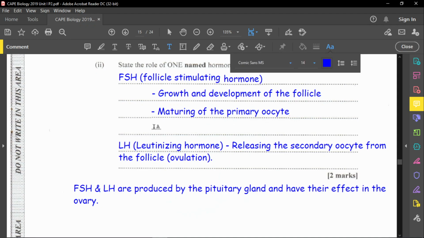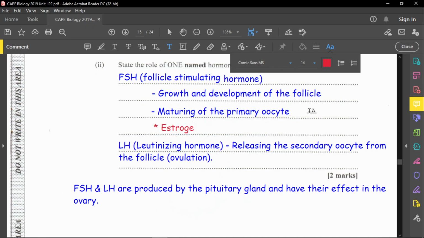It will be responsible to produce estrogen. I'm going to make a note here that estrogen will be produced. So with FSH, once the follicle is produced and growing, from the follicle you get estrogen.